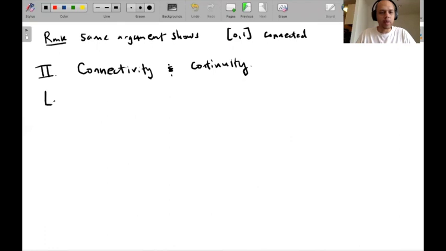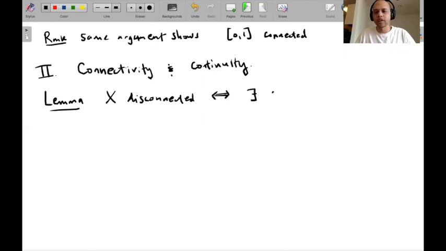So let me start with a lemma, which says that X is disconnected if and only if there exists a continuous surjection from X to a 2-element set.